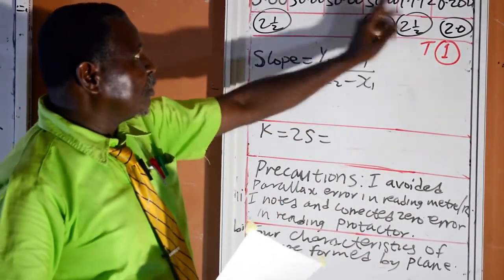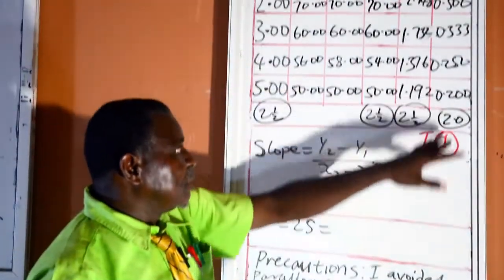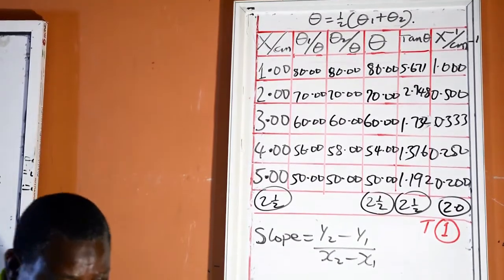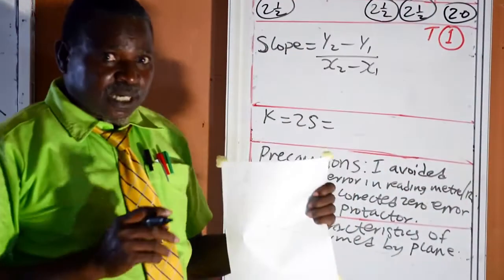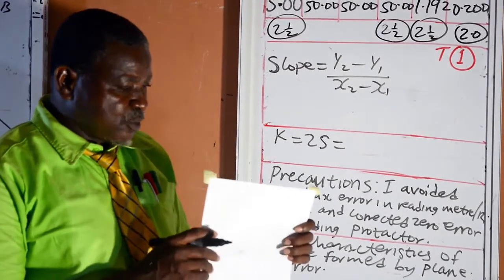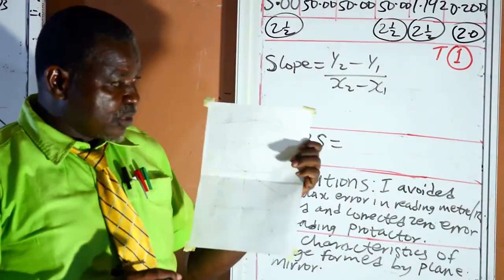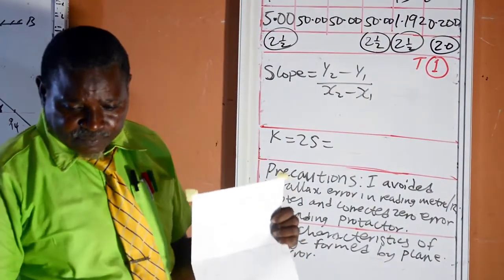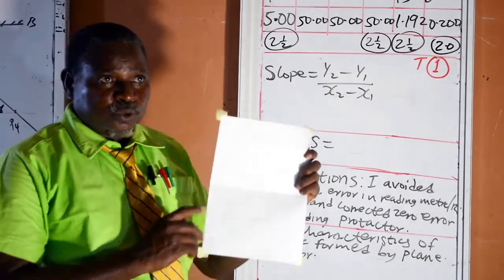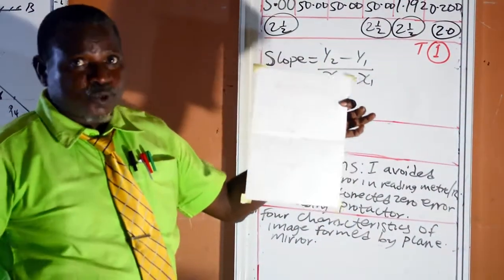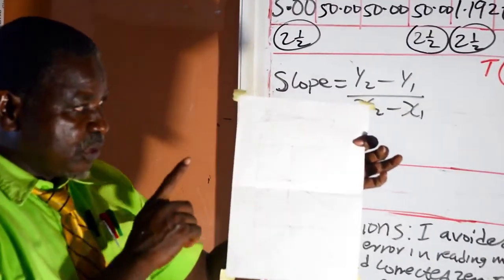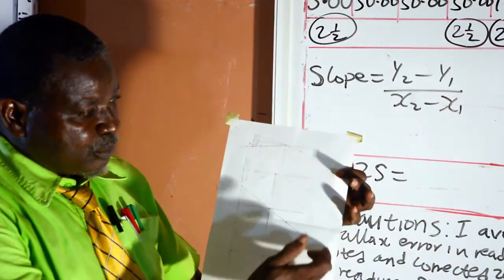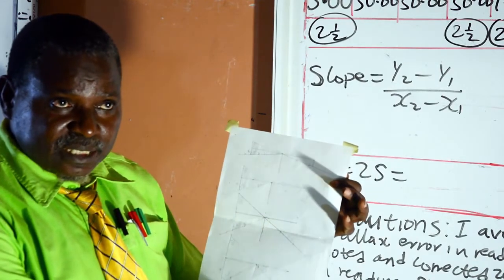So, for drawing your table like this, you get 1 mark. Now, the reason why students fail this practical each year it comes out is this. The majority of students will work in a group of 5 or 10 students. One of them draws the traces, and they will now write the names of 10 students under it.